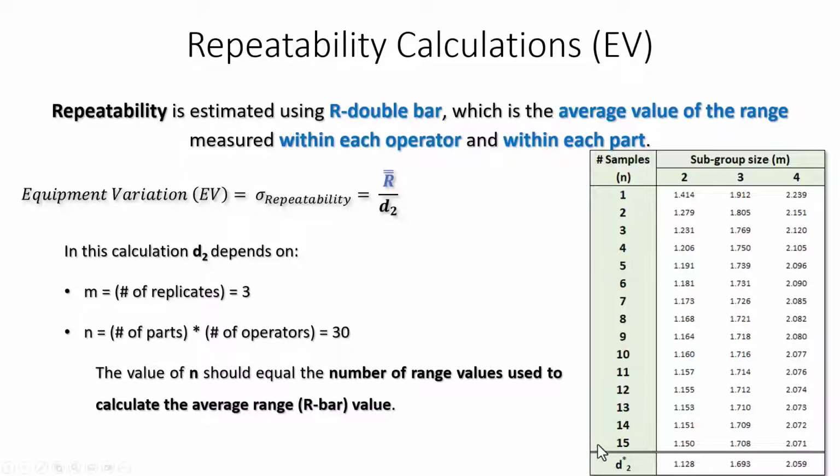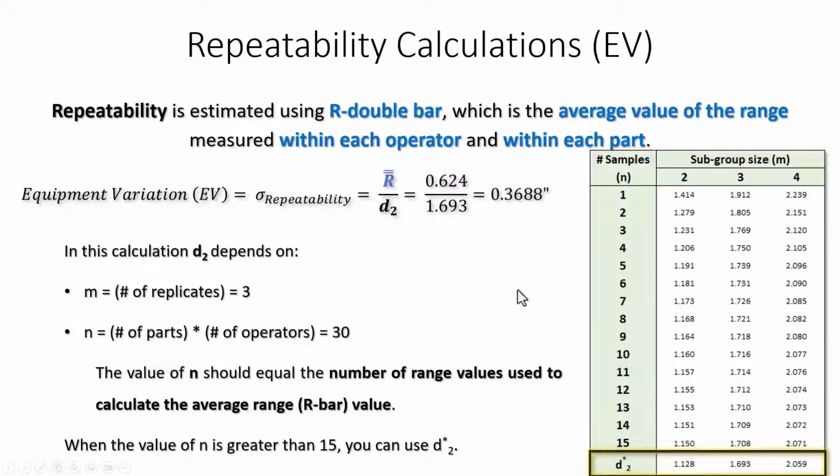It was 30. Now, something you need to know about this table: when your sample size is greater than 15, you get to default to what they call D2 prime, okay, D2 prime. If your value of N is ever greater than 15, which is usually true for most Gauge R&Rs, just use D2 prime, which means for us, the right D2 factor for this calculation is 1.693.